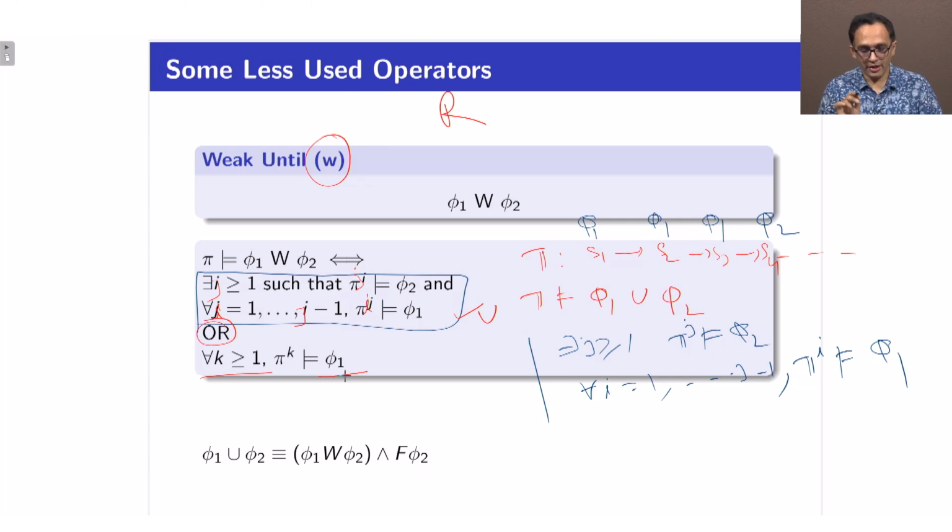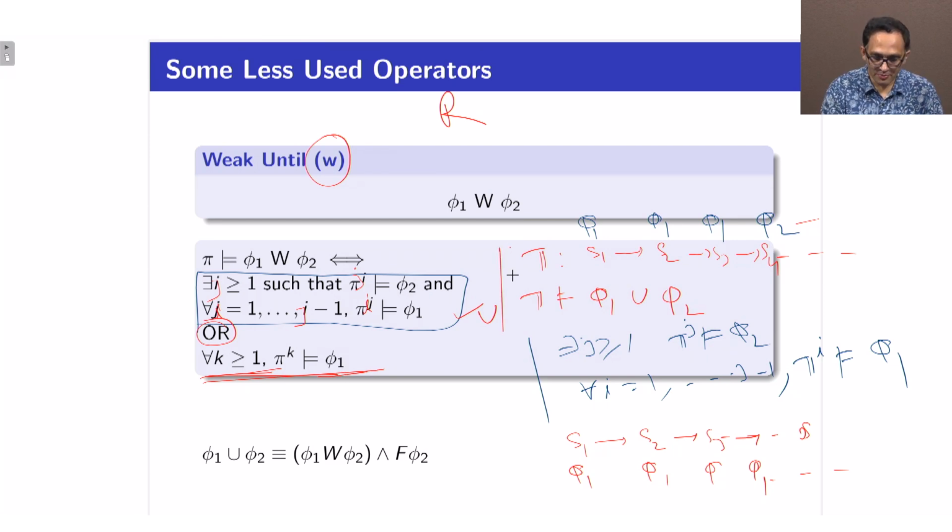For until, phi 2 has to hold somewhere, but in weak until, if you have states S1, S2, S3 and so on, only phi 1 keeps holding, so for all k, pi k satisfies phi 1. So the weak until operator takes until plus a special scenario where only phi 1 holds.